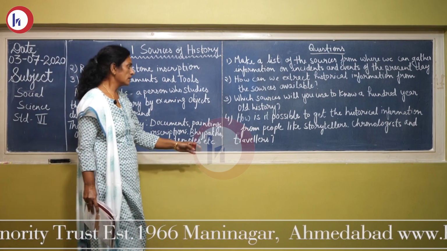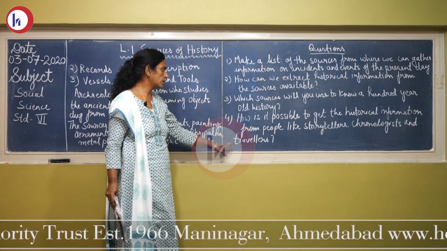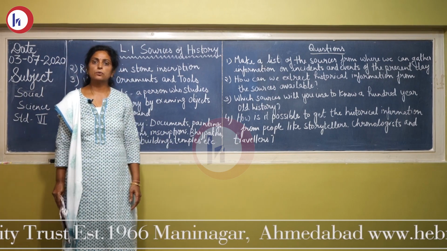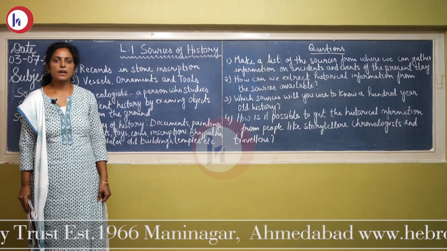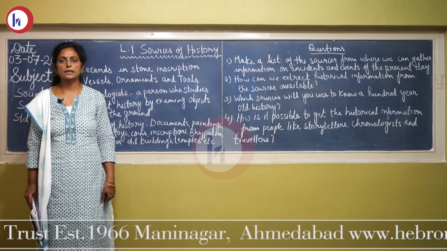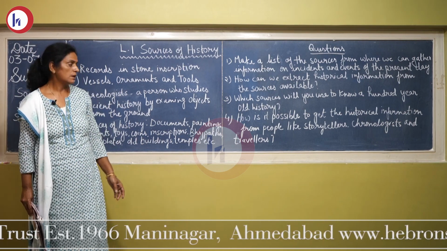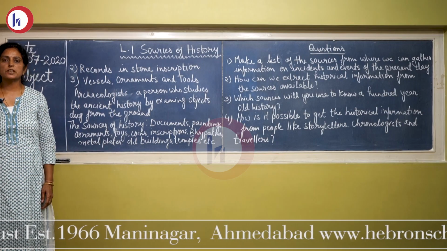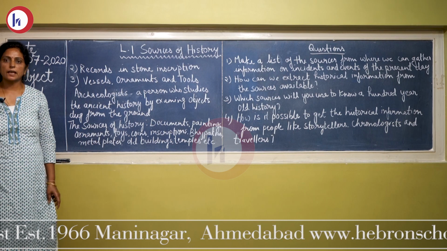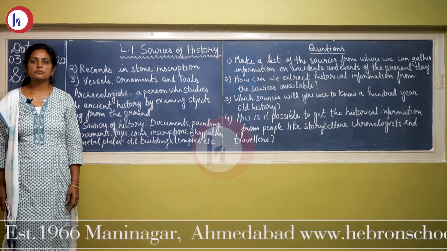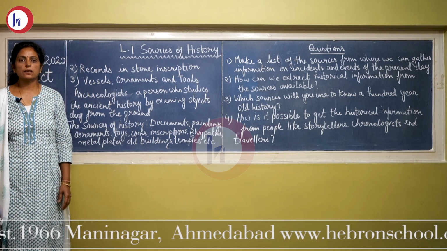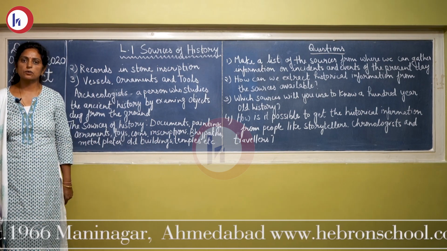Now travelers. The traveler's note can be called an authentic document for knowing our history. From the notes of Huan Sang, the traveler who came to India from China in the Gupta age, we get concrete information about kings and their administration, public life, trade and employment, etc. We get a lot of information about the Gupta age.